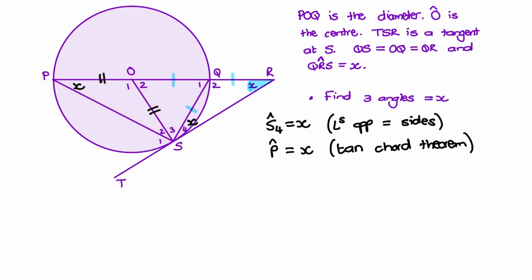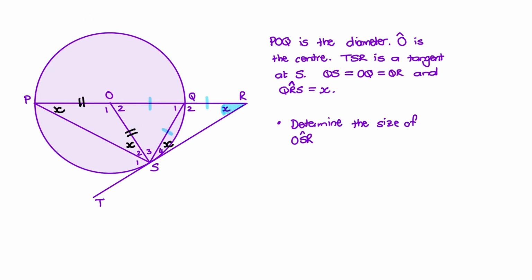And that will make angle S2 also equal to x. So what we can say is that angle S2 is equal to x. And instead of saying angles opposite equal sides, we can say angles opposite radii, because we know that OP is equal to OS.